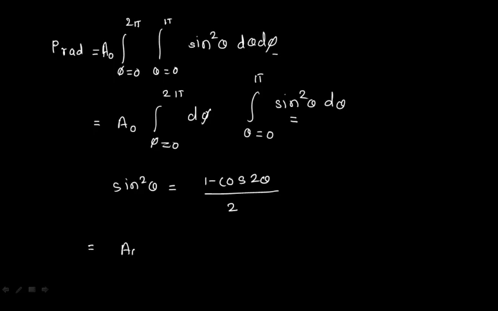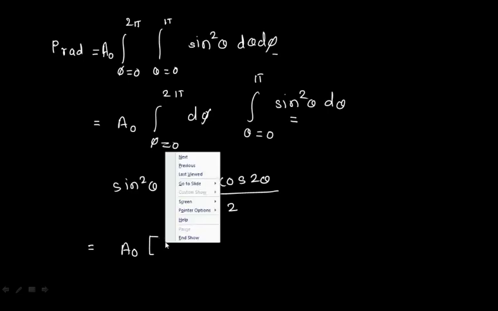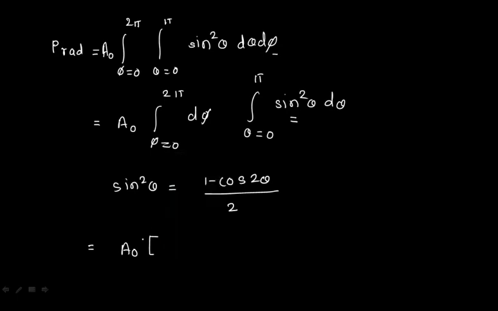So I can write A0. Now d phi, your limits for phi start from what? Your limit for phi is from 0 to 2 pi. So if I write here 0 to 2 pi, your phi varies from 0 to 2 pi, so the value will be 2 pi. Now I am going to put in all those particular values which I am trying to solve. So theta from 0 to pi, 1 minus cos 2 theta divided by 2 with respect to d theta.